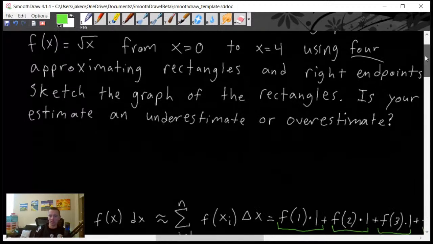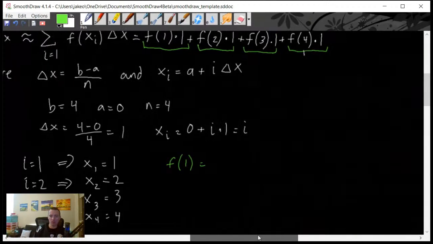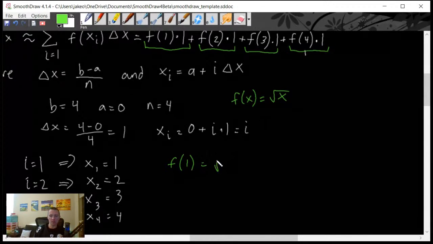So we're just going to plug in 1, 2, 3, and 4 into our f of x equals square root of x. So f of 1 is just the square root of 1. f of 2 is the square root of 2. f of 3 is the square root of 3. And f of 4 equals the square root of 4.